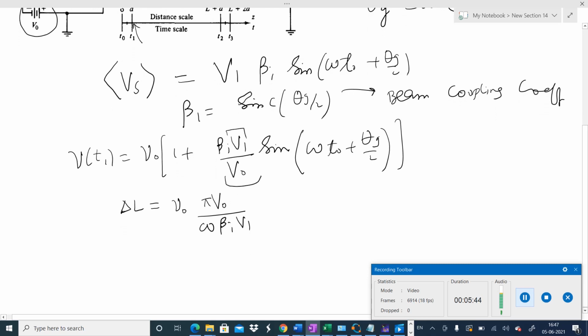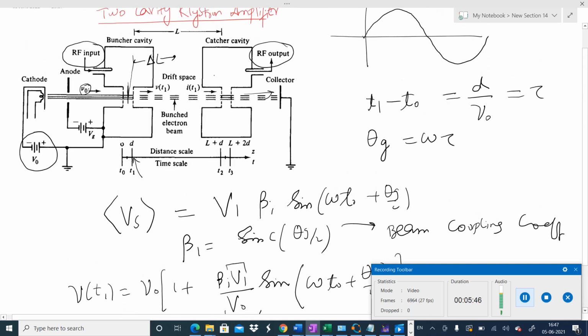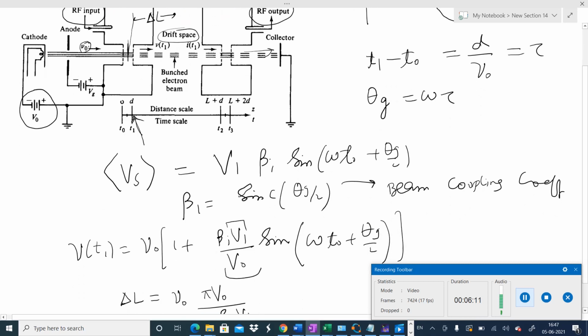Now after the buncher gap, we have the drift space. The electrons have to travel this drift space to reach the catcher cavity. With respect to drift space, there are two important time parameters. One is T1, the moment an electron leaves the buncher gap and starts traveling into the drift space, and T2 is the moment when the electron enters the catcher cavity.